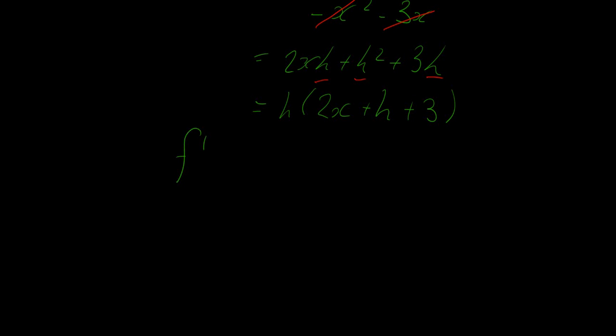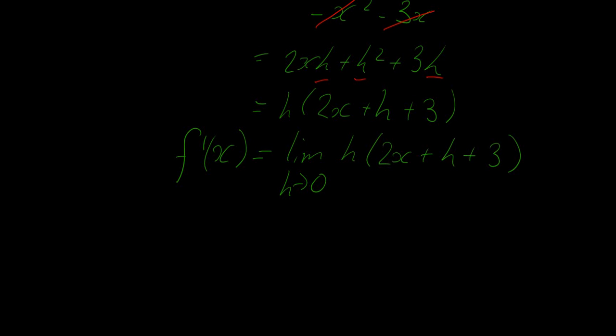And recall that our expression for our gradient function f dash is the limit of h approaching 0, and we have the numerator, which we just talked about, h(2x plus h plus 3). So we pretty much just slotted all of that in down there, and this is all over h.